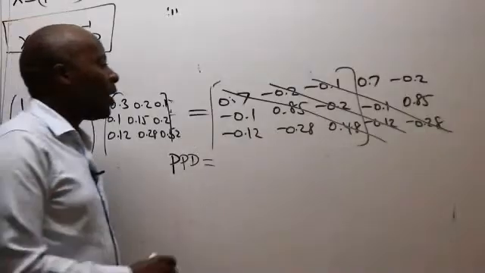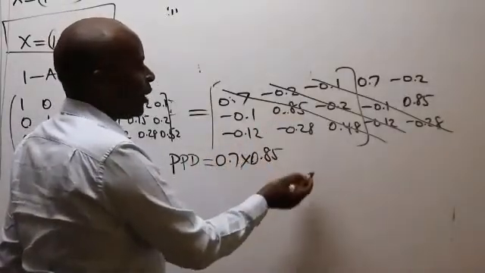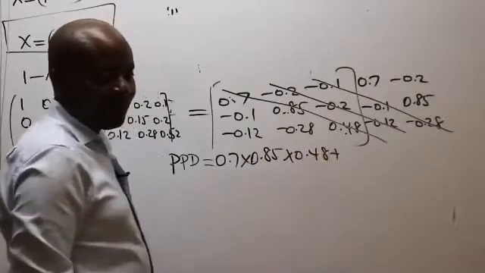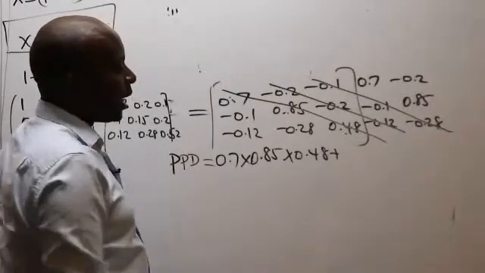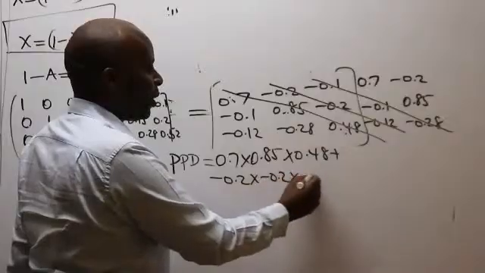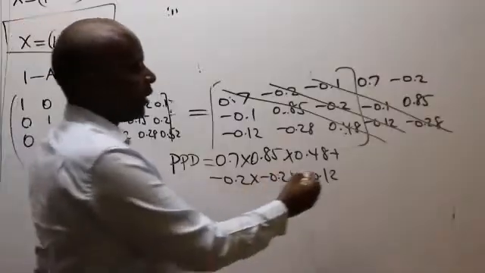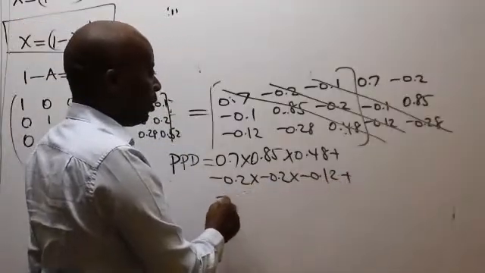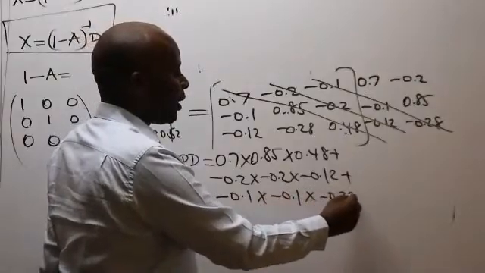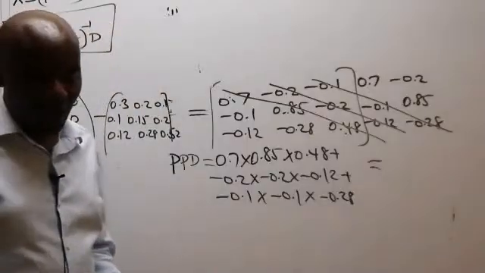So the product of the primary diagonal here will be 0.7 times the second figure, which is 0.85, times the third figure, which is 0.48, plus the second diagonal, which will be minus 0.2 times minus 0.2 times minus 0.12, plus the third diagonal, which will be minus 0.1 times minus 0.1 times minus 0.28. Now you should be able to give us the product of primary diagonal.